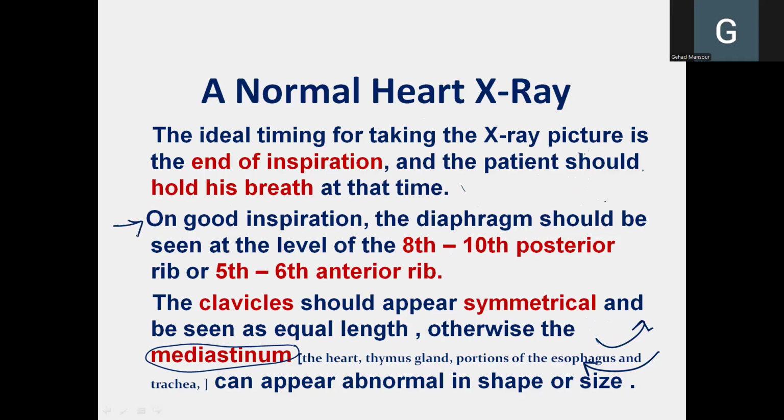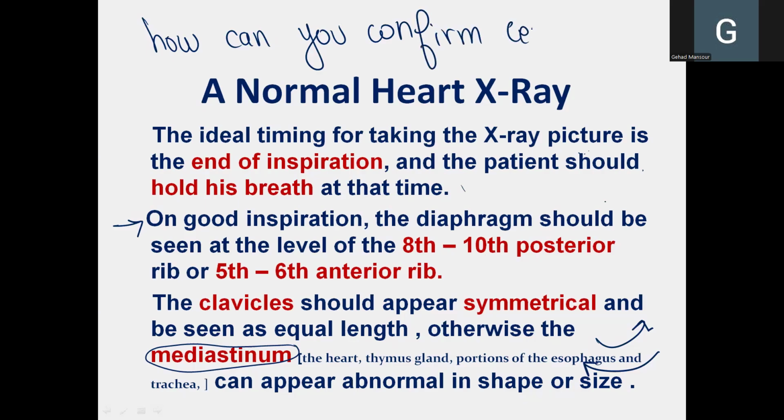So this paragraph is the answer of how can you confirm centralization of the patient? I can confirm centralization of the patient by checking the level of the diaphragm and the symmetry of the clavicles.